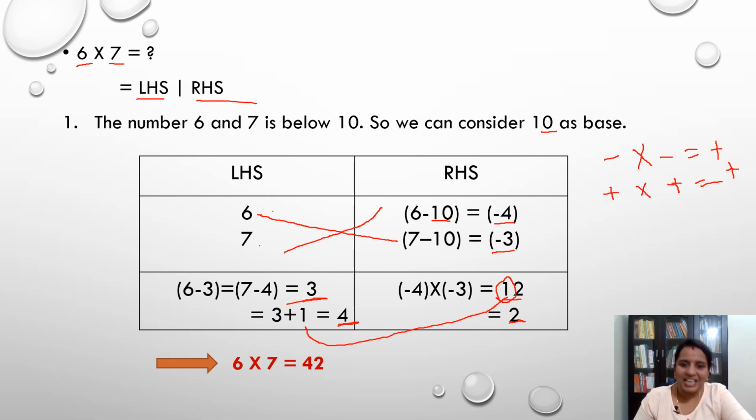Is it clear for everyone? Using this very same methodology, try to frame the whole table. I'll give you another easy trick. Up to 5, that is 6 into 5 or 7 into 5 or 8 into 5 or 9 into 5, we all know how to frame the tables up to 5.